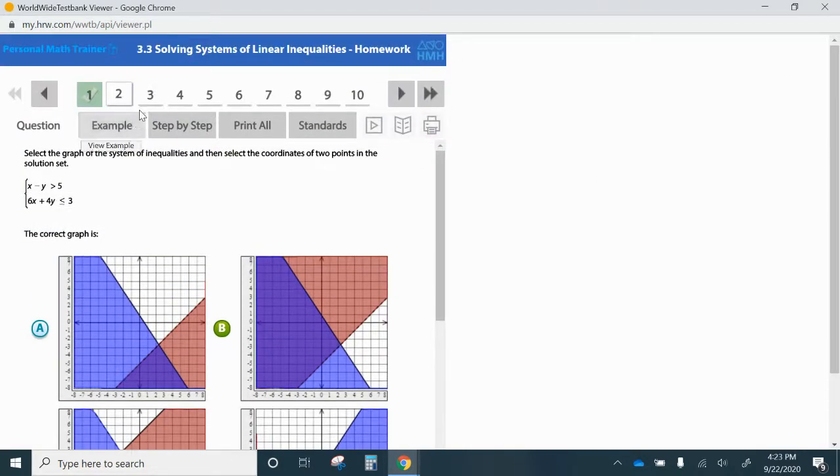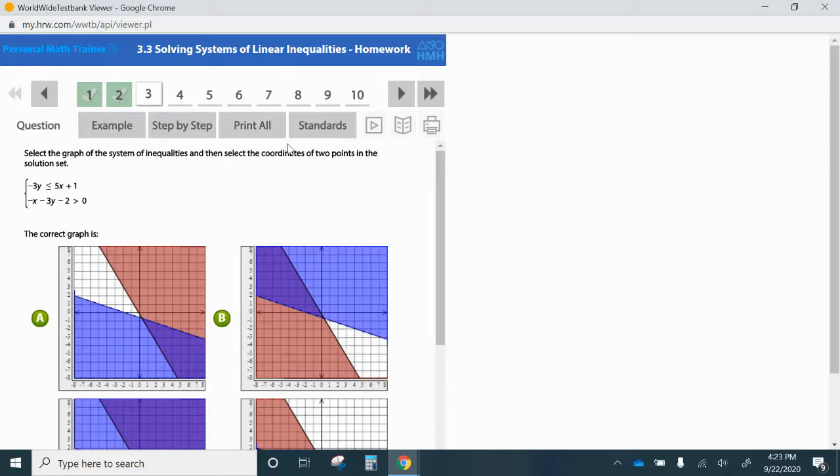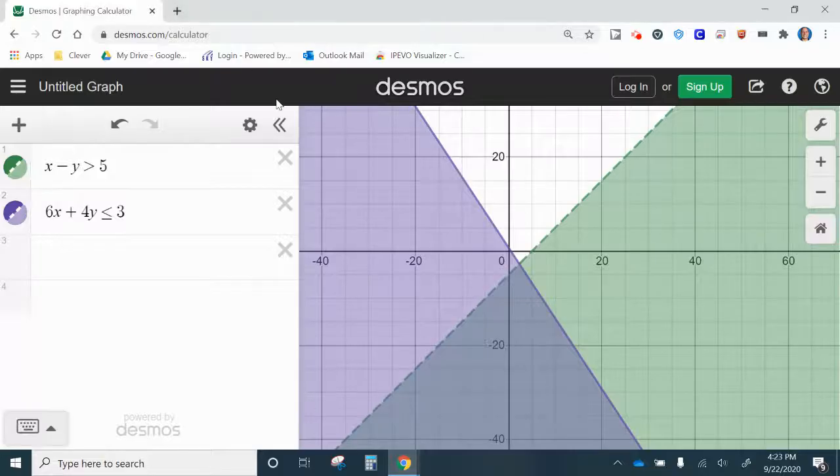All right, let's go to question 3. Again, I'm going to write this system down, and then go to Desmos. I have them written down, so now let me go over to Desmos.